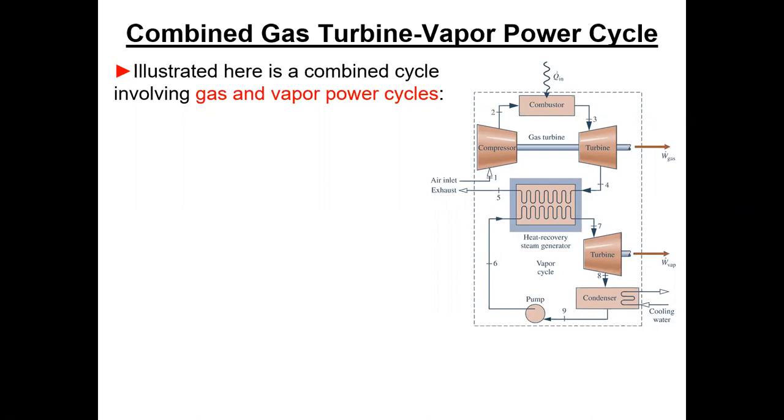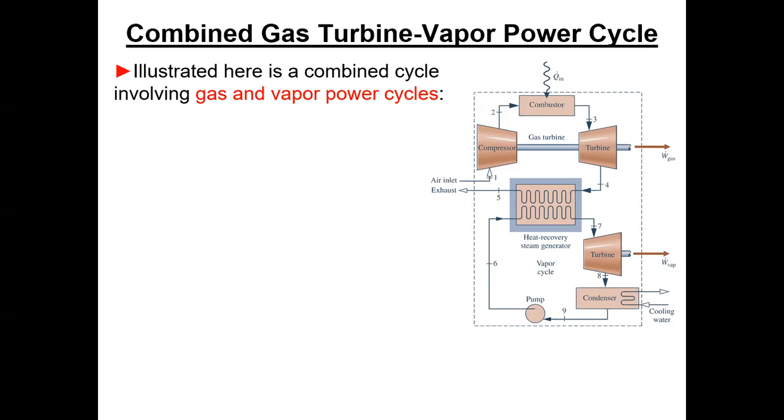Heat recovery steam generator. They can look a lot different than boilers, but it becomes the boiler in this example. This is where these two cycles meet, in this heat exchanger, which is the heat recovery steam generator.